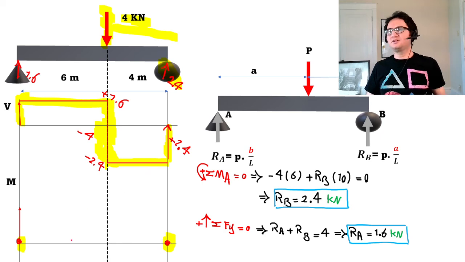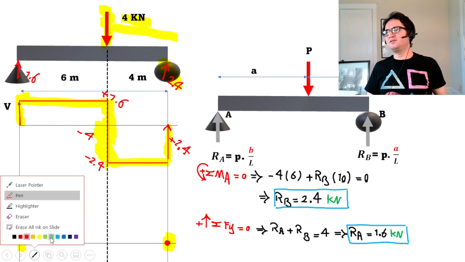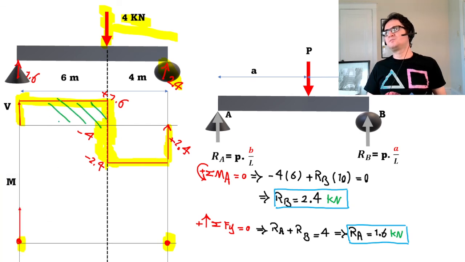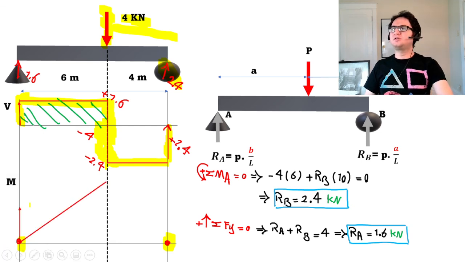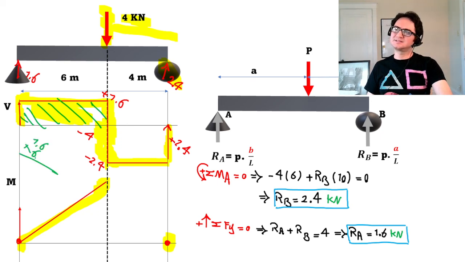And if you remember, we talked about the area under shear being the change of moment. So if you want to draw the moment diagram, it goes by a positive area under here, and that's 1.6 times 6 meters, which is 9.6.